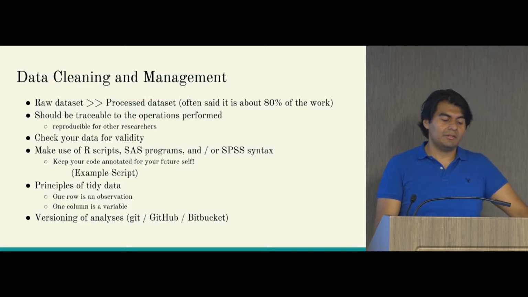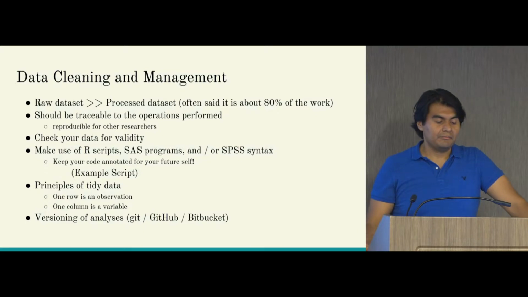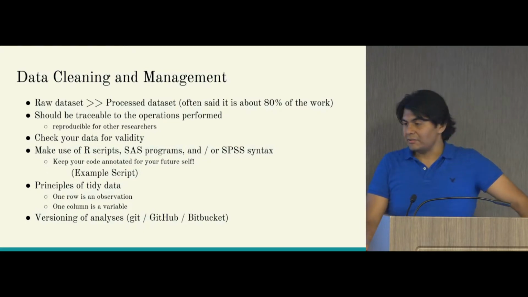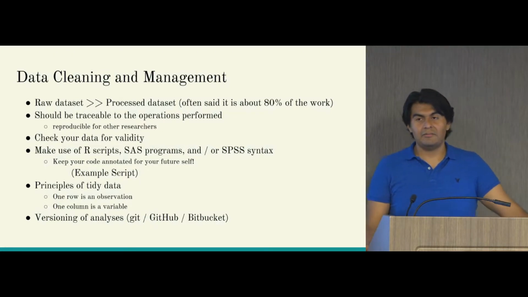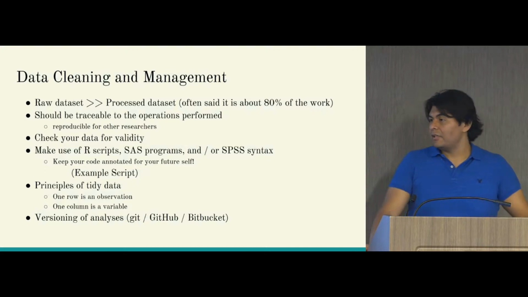So it keeps track of any changes that you've made in your software. GitHub is the online social platform for all of that, and it makes it really easy to collaborate with other people.